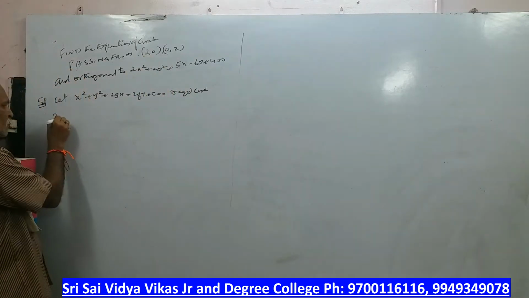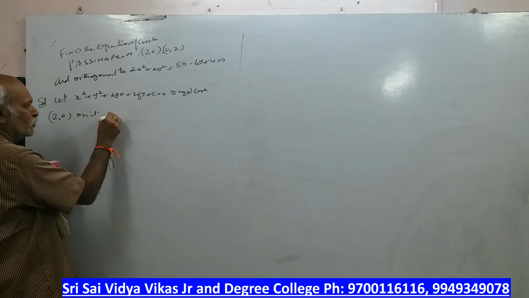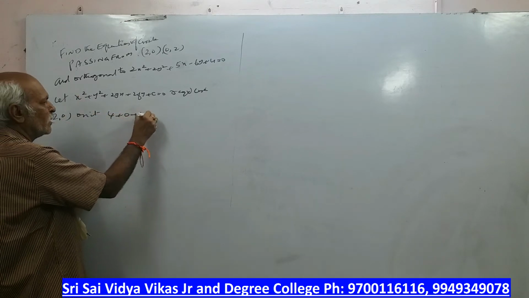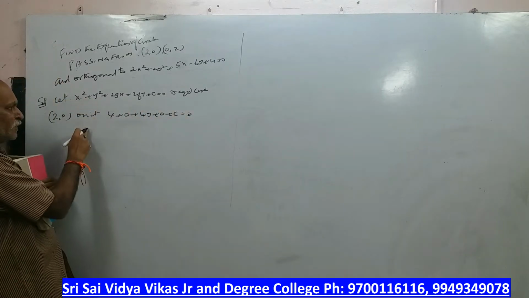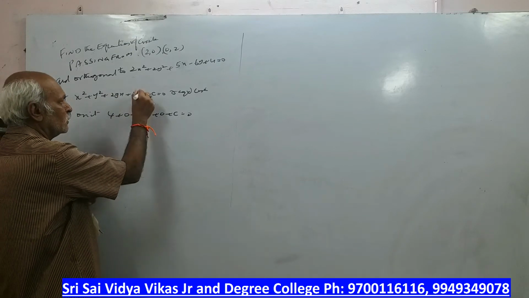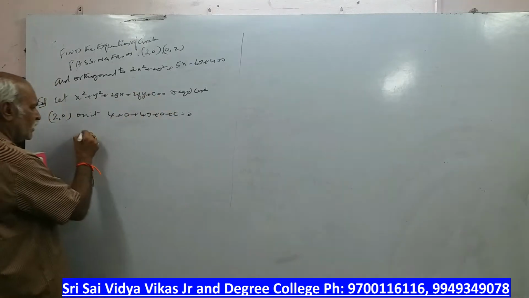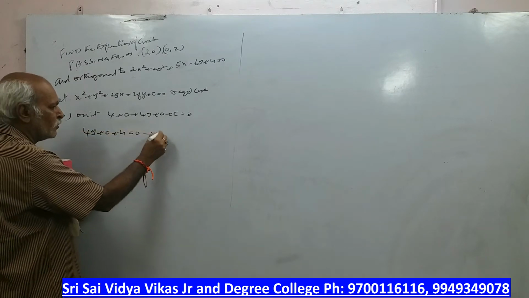Okay, first point 2 comma 0 is on it. So x is replaced by 2, y is replaced by 0. So this becomes 4, this is 0, this is 4g, this is 0 and plus c. So what will happen? 4g plus c plus 4 is equal to 0. First equation.